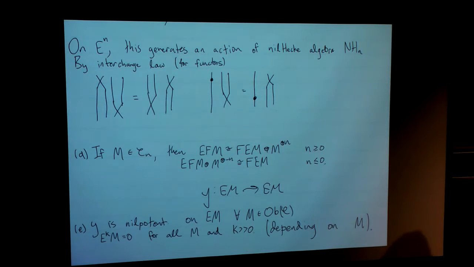In fact, in some interesting cases, there will be no power of Y that's zero in all objects. Certainly it's required that for each individual object, some power is. Because of all the finiteness conditions, Hom from EM to EM is a finite dimensional algebra. So Y actually has to satisfy a finite degree polynomial relation.